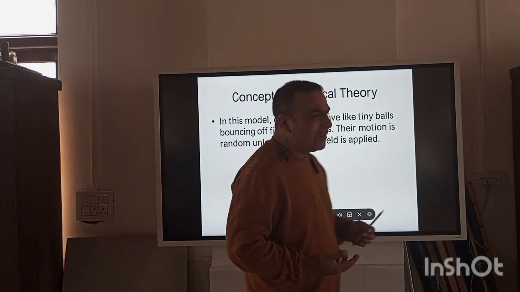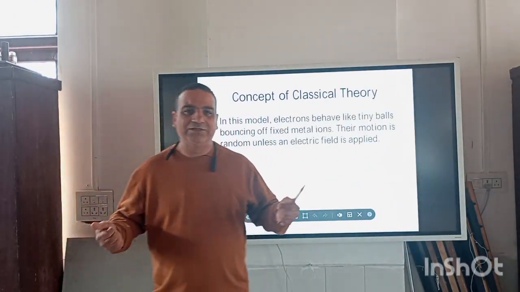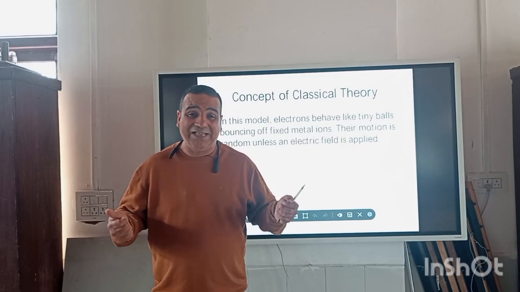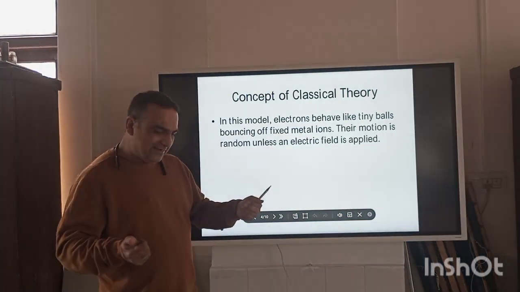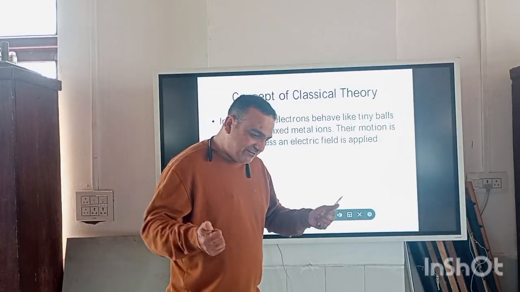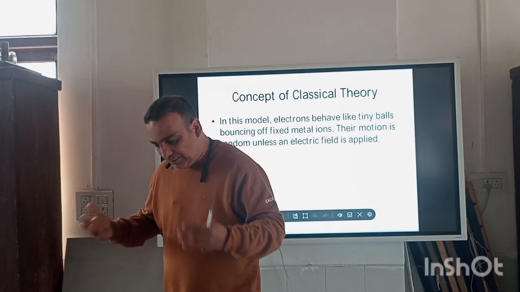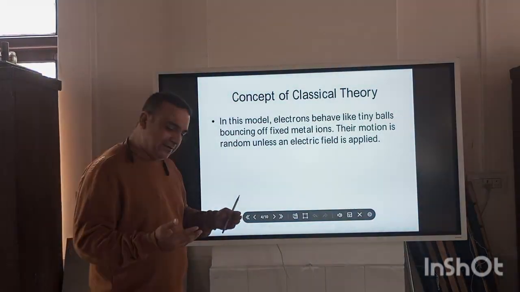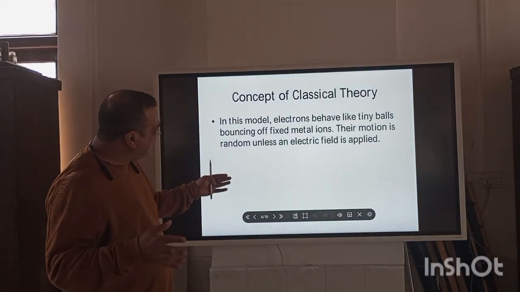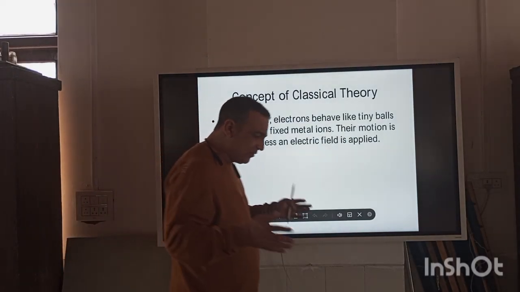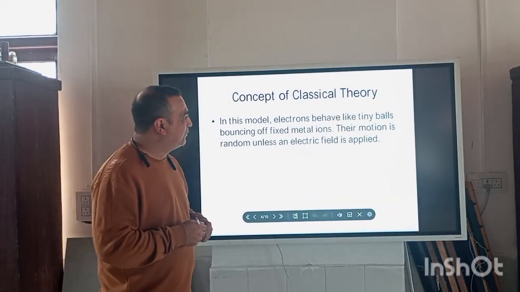As we know, the moment we apply an electric field to a conductor, there is a flow of current. So there is a divergence from the randomness of these electrons. Some of the electrons take part in the current that flows through the conductor. So this randomness goes down as you apply an external electric field to the metal.